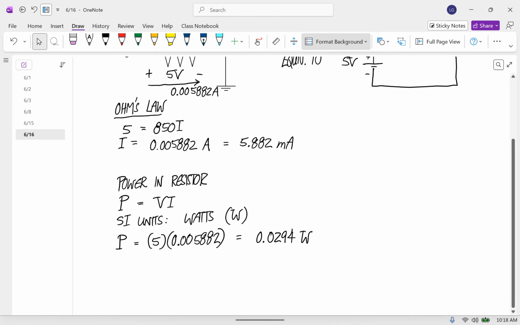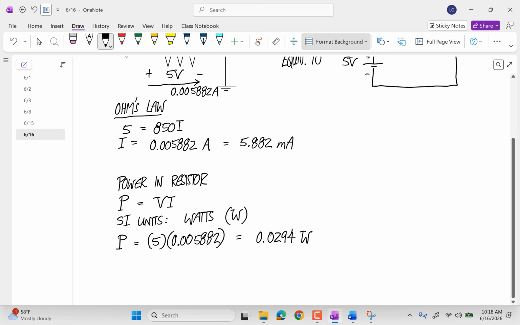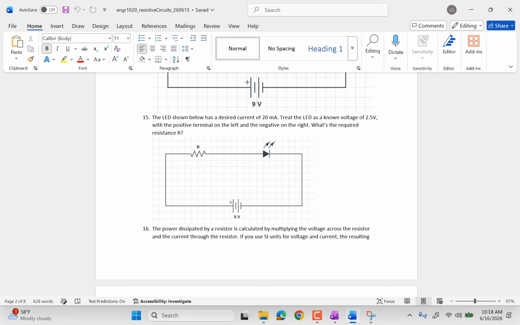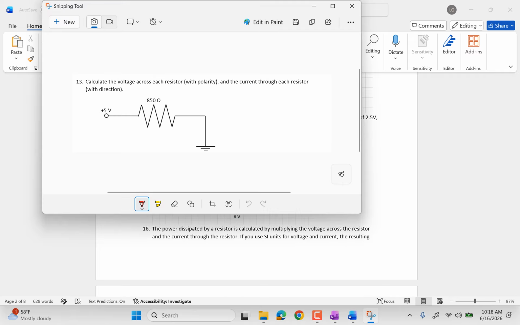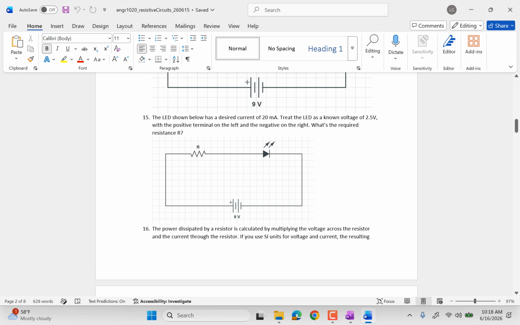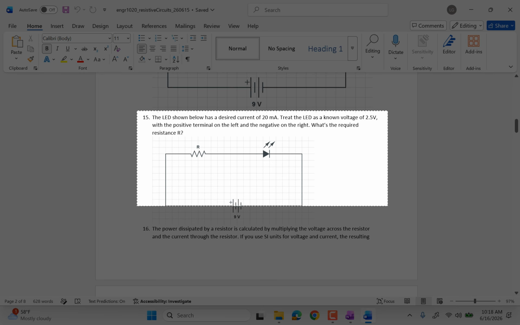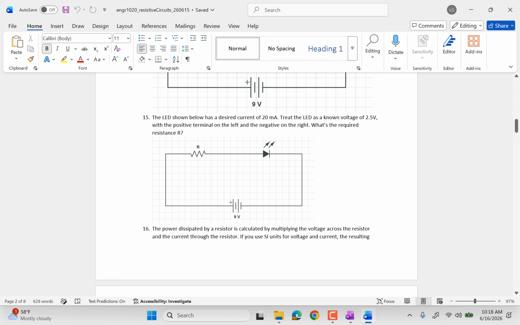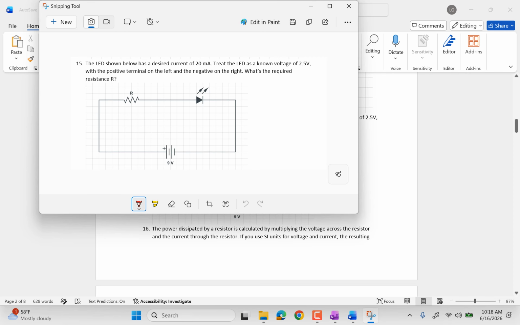Okay, then the second question I wanted to go over is this one. A lot of you will probably have LEDs somewhere in your robotics project. It won't be the main thing in your robotics project, but LEDs can be useful for just signaling what mode you're in, like, is it turned on?